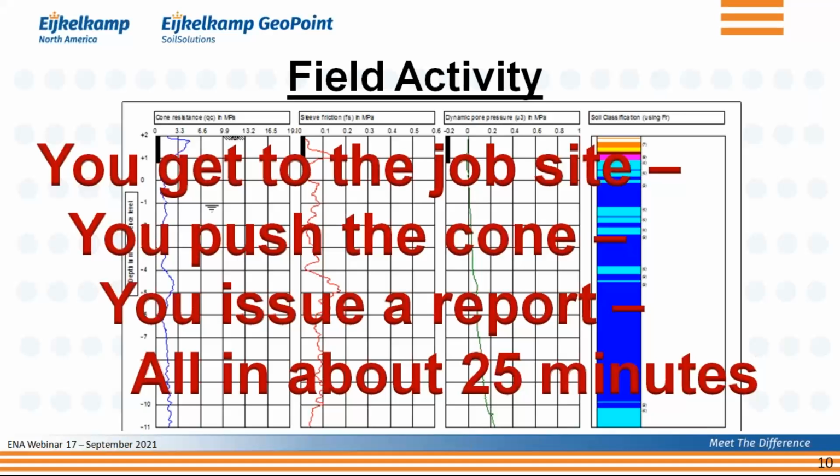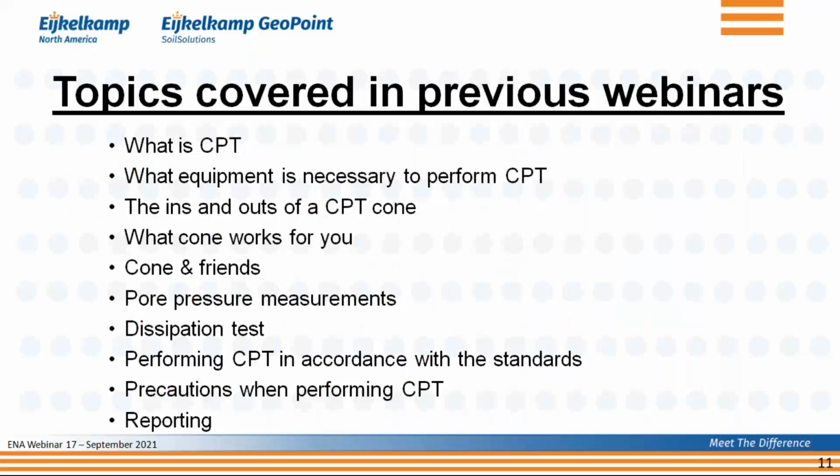In the past, as we started these webinars now well over a year ago, we talked more about what CPT is all about, what kind of equipment you need to perform CPT, and obviously we paid quite a bit of attention to the CPT cone itself. What are the details, and what cone would be best for a given situation?